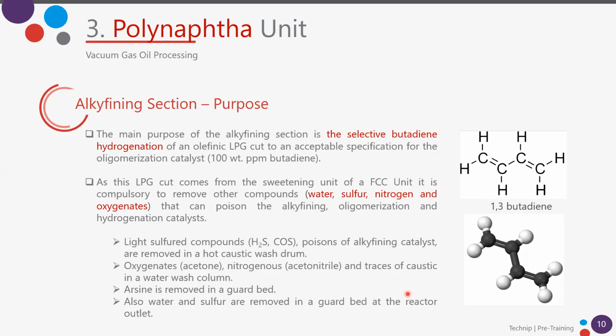Here, the reactor is the reactor in this alkylation section. So this is the purpose of this unit: we will decrease the butadiene content of our feedstock, and also we will remove these other compounds from our feedstock.